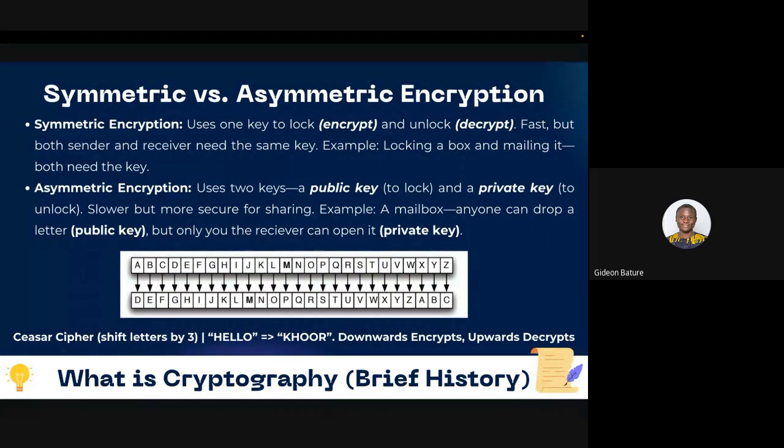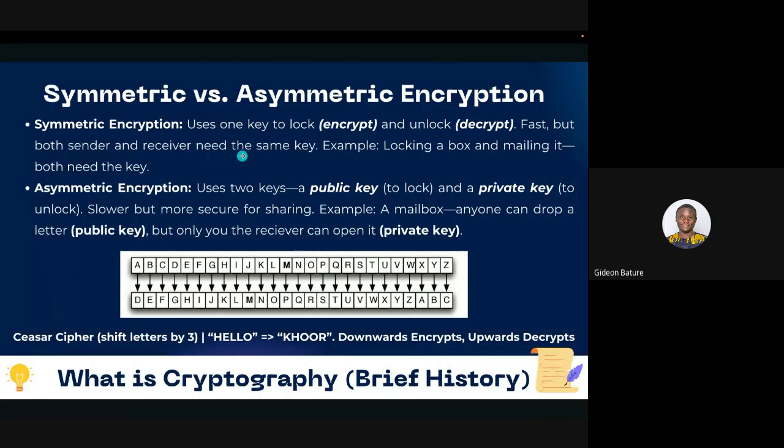Anytime you see lock or encrypt, we are talking about the same thing. The problem with asymmetric, not really a problem though, is that it is slower than symmetric, but it is more secure for sharing encrypted information.